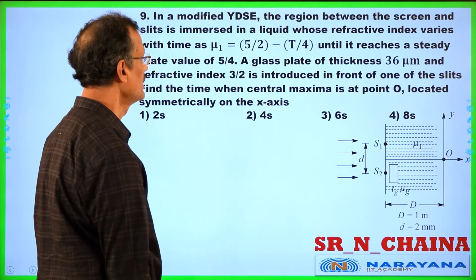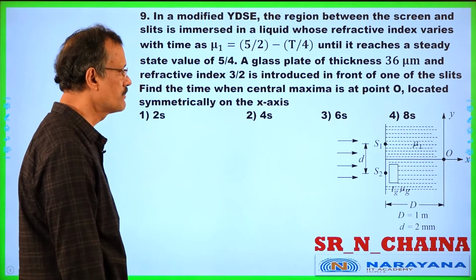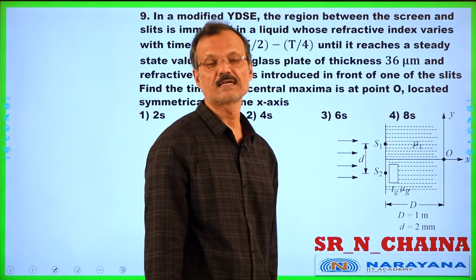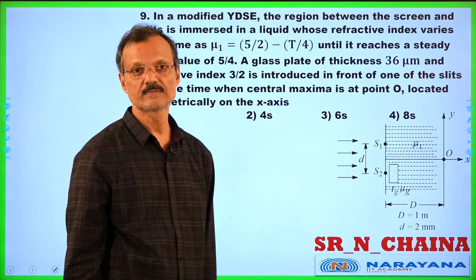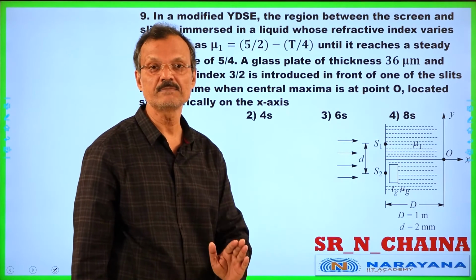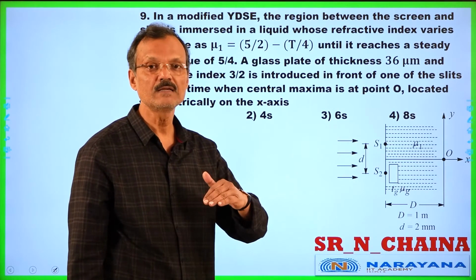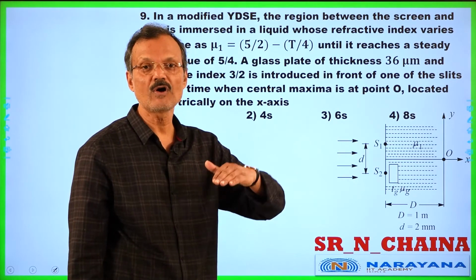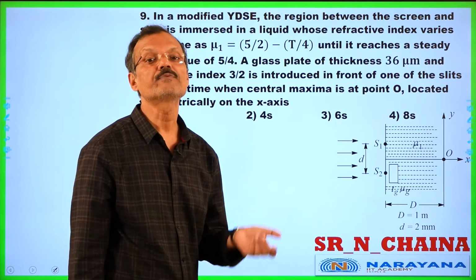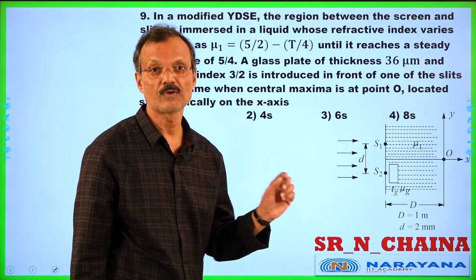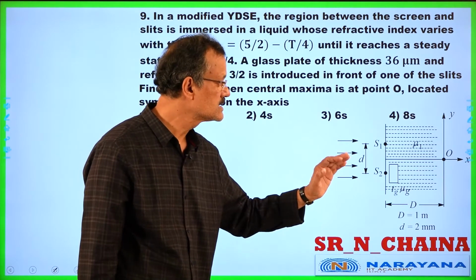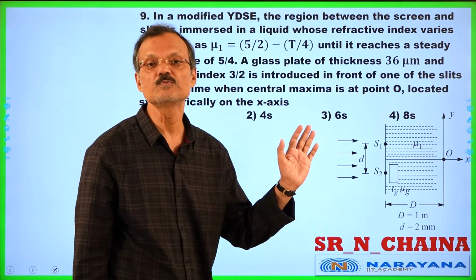Find the time when the central maxima is at 0. Because you have introduced this, the central maxima will shift downward. And because mu of this medium is varying, the central maxima will keep moving up. They are asking after how much time from t equal to 0 the central maxima will reach 0.